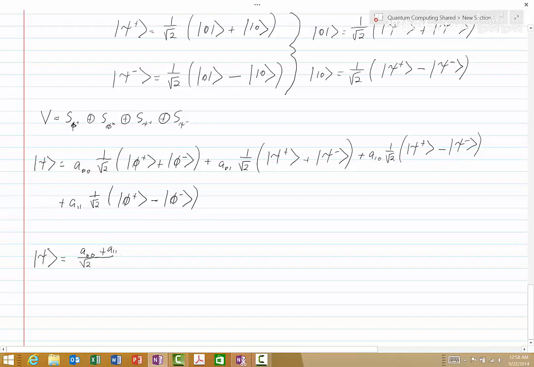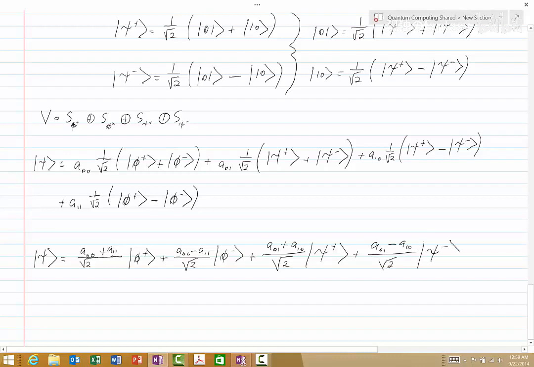So A00 plus A11 over the square root of 2 times phi plus, plus A00 minus A11 over the square root of 2 times phi minus, plus A01 plus A10 over the square root of 2 times C plus, plus A01 minus A10 over square root of 2 times C minus.